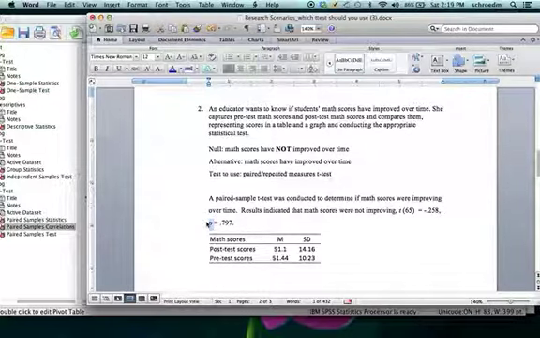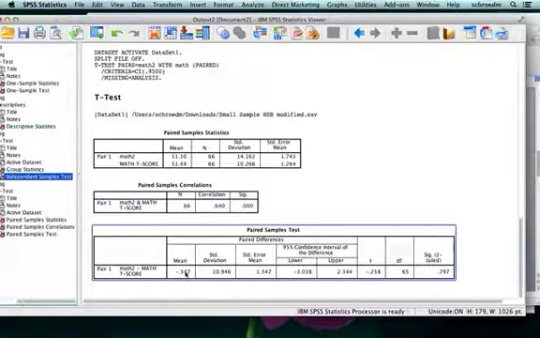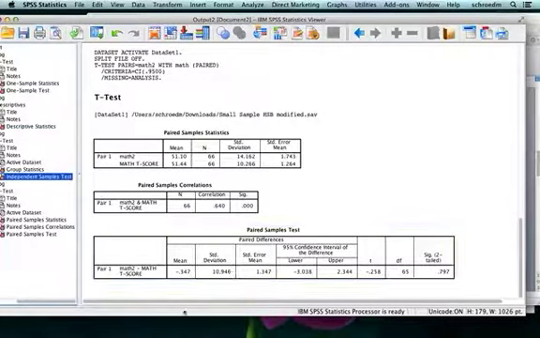Italicize my stats. Again, because I didn't find anything, I don't really have to put in Cohen's d, but if I wanted to, I could, and I would be looking at this mean difference divided by this standard deviation. So 0.347 divided by about 11.